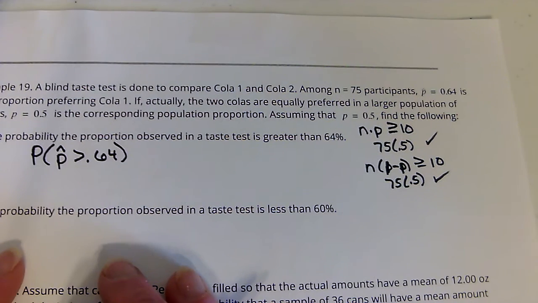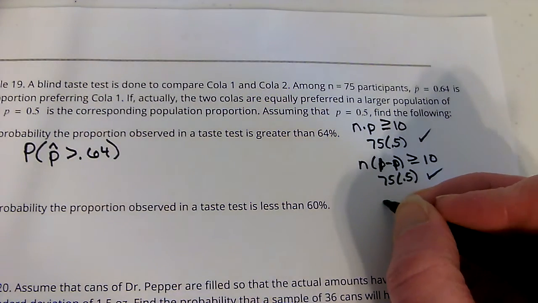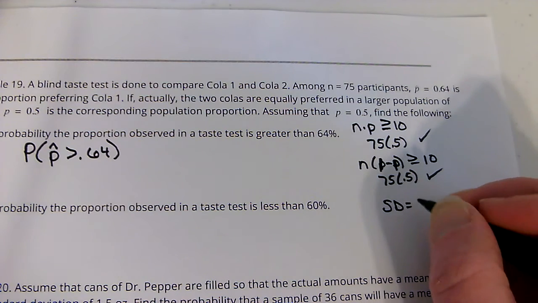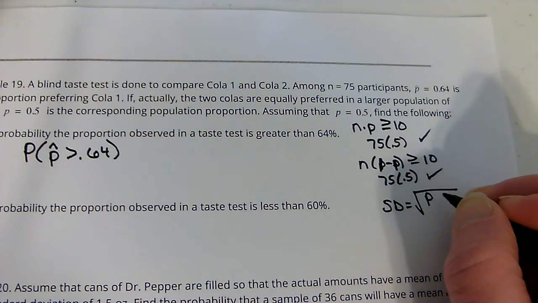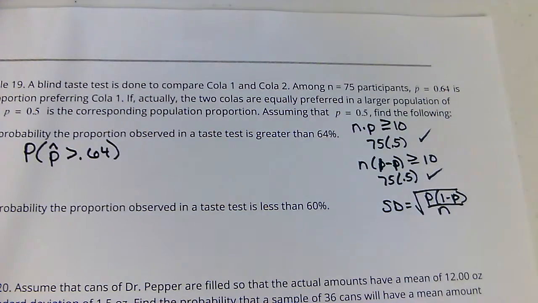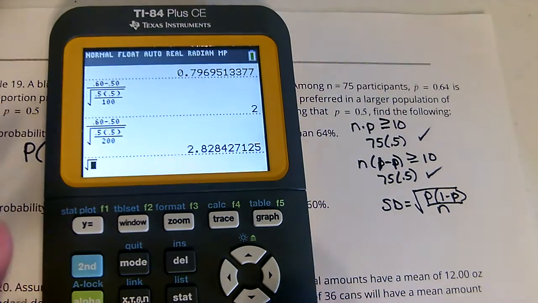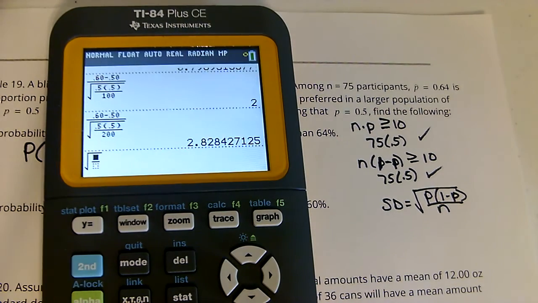Now I need to know the standard deviation that I'm going to be using. Well, reminder that on proportions, the standard deviation is going to be the square root of the population proportion times 1 minus the population proportion divided by n. So square root of, and you can make it a fraction if you want, 0.5 times 1 minus 0.5 divided by n, which is 75.